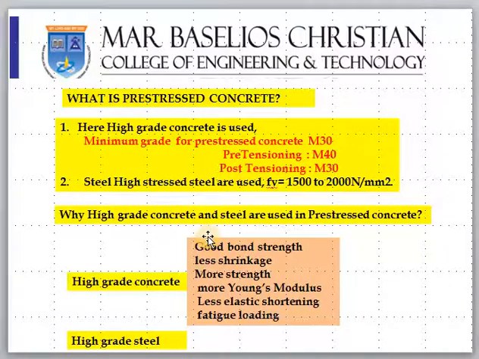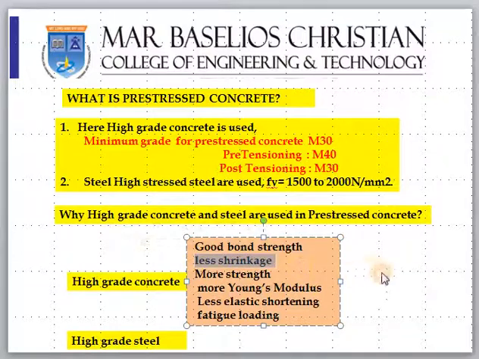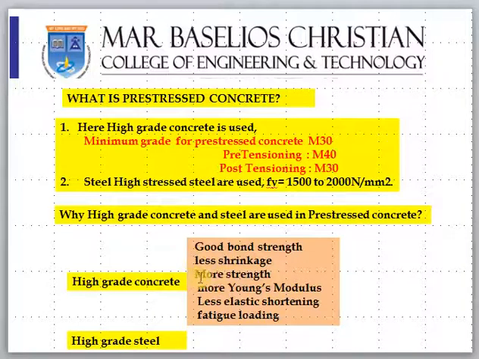So the friction and the bond strength will be increased if you are using high grade concrete. Another thing is that for high grade concrete, the shrinkage will be less, so it will not affect the pre-stress. Similarly, it has more strength, more Young's modulus, less elastic shortening, and it can take more fatigue loading.